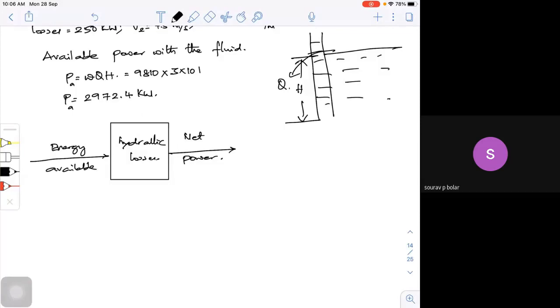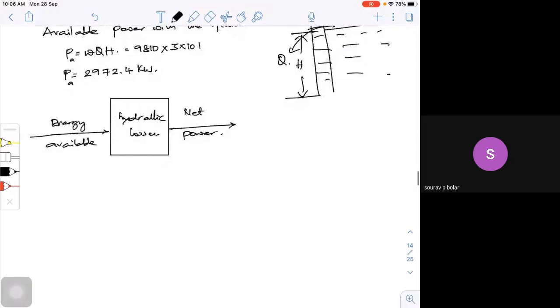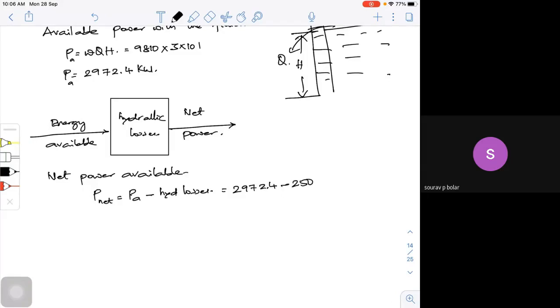So what are the losses they have given? They have quantified it to be around 250 kilowatts. So I can write net power available. Let me call it P net, is equal to power available minus hydraulic losses, which is 2972.4 minus 250, which is 2722.4 kilowatts. So this is the power available.